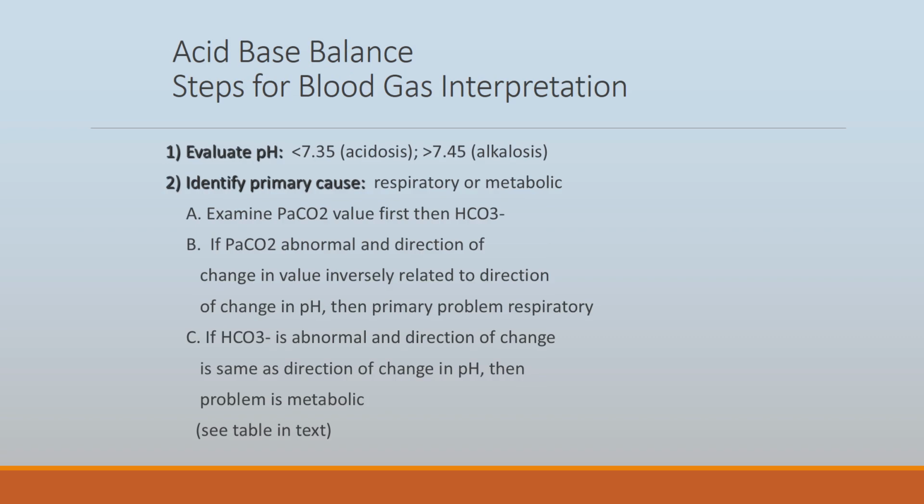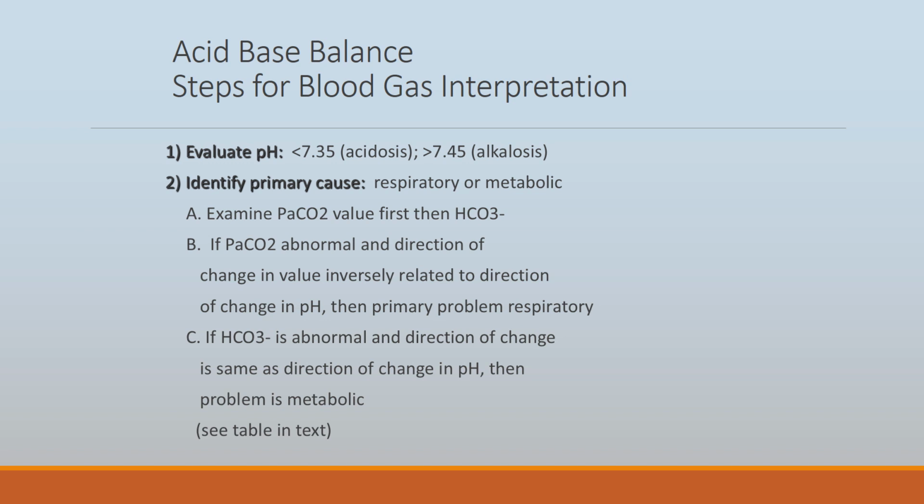Okay, so I'm not going to review this again, but the steps for blood gas interpretation: first you need to identify if it's acidotic or alkalotic. Anything below 7.35 is acidosis, and anything greater than 7.45 is alkalosis.